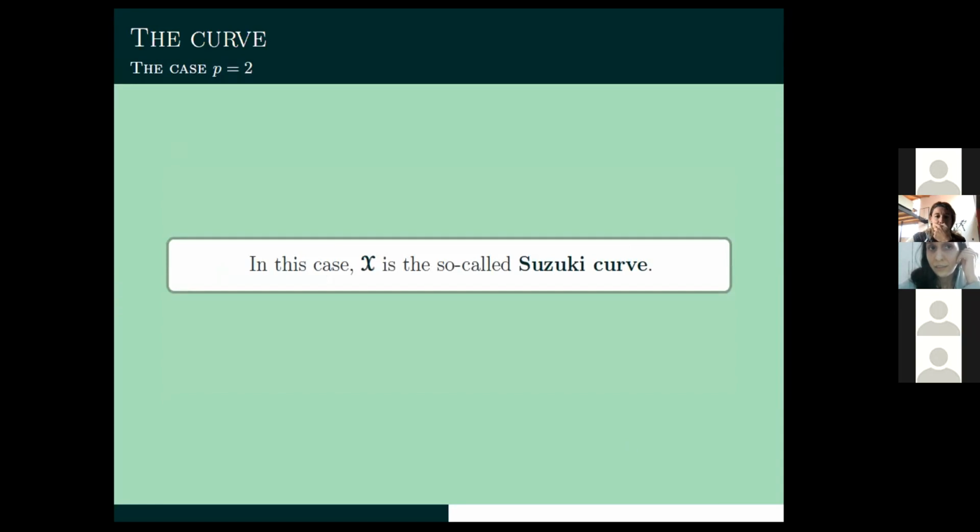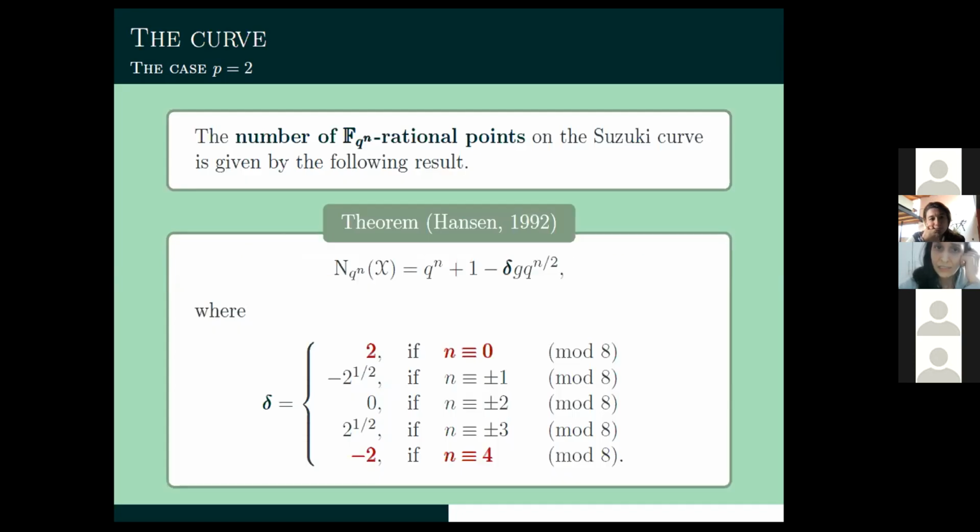If we consider the even characteristic, this curve X is the so-called Suzuki curve, a well-known curve with several properties. The first one I would like to highlight is that this curve is maximal for certain extensions of F_q.